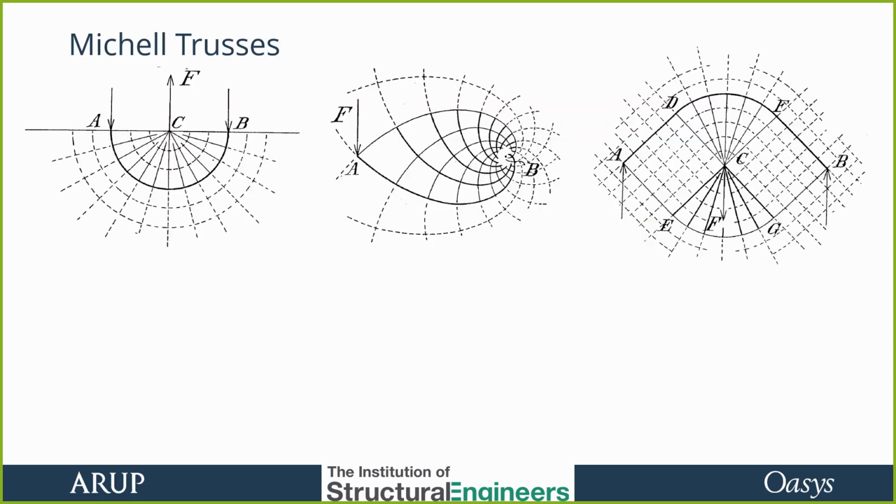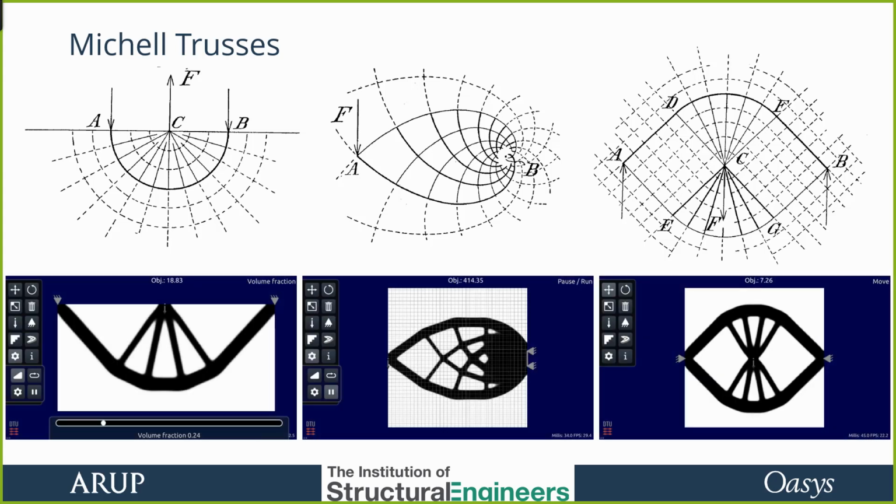And interestingly enough, the end results, so a chap called Mitchell, about 100 years ago, came up with this idea that you could actually define the most efficient truss. And you can prove that these truss layouts are the most efficient way of designing. And I ran some evolutionary topology optimizations on these cases, and I took a phone app, TopOpt, just download it for free.